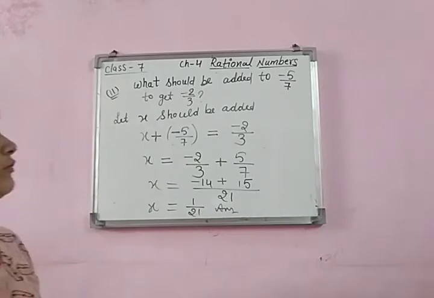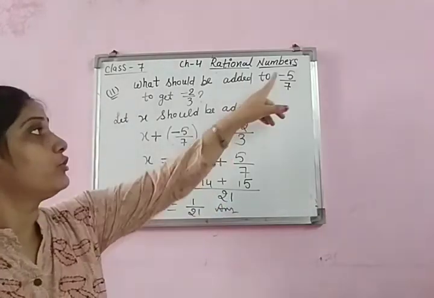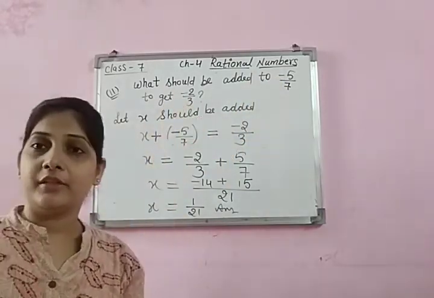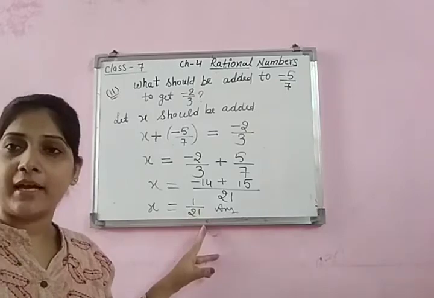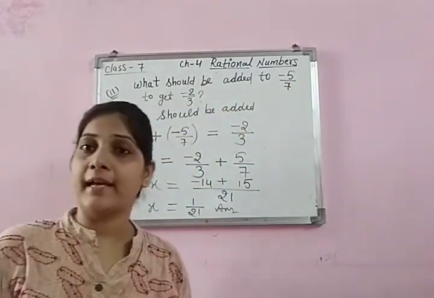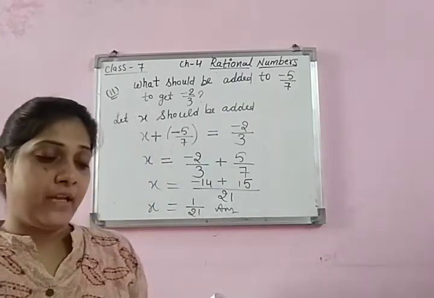It means what should be added? 1 by 21 should be added to minus 5 by 7 to get this answer. What I mean to say is, if you add 1 by 21 to this number, you will get minus 2 by 3. I think the language is clear to everyone.